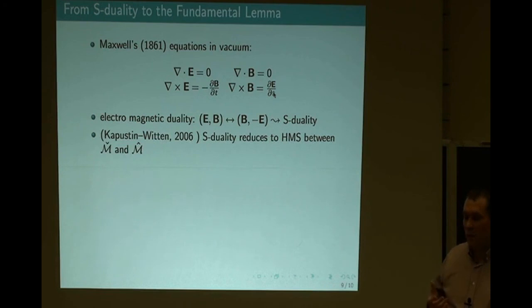So they found that in the physical sense, this 4-dimensional S-duality will reduce to exactly homological mirror symmetry in the sense of Kontsevich between Hitchin systems for Langlands dual groups. So Langlands dual groups appear because they appear in the original S-duality.